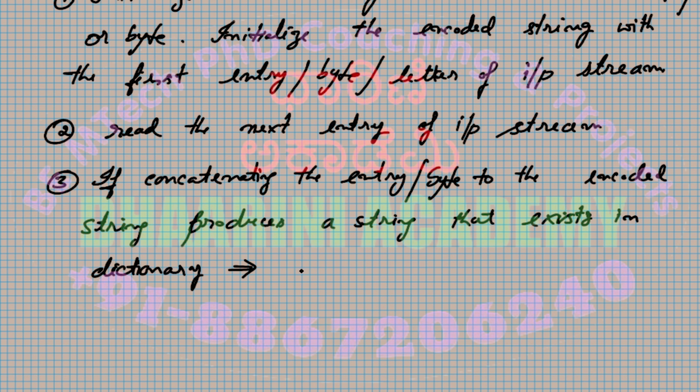So you add whatever string you got to the encoded string. Encoded string already is there. Add it at the end. So you do the concatenation.